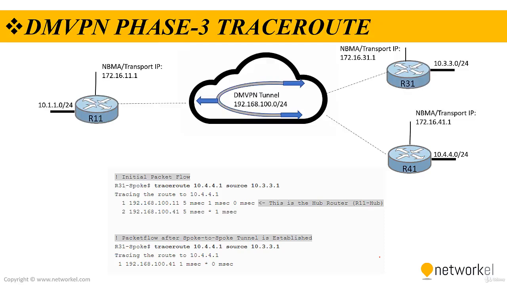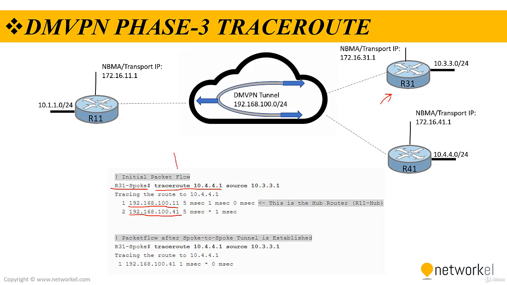So let's check what a traceroute looks like from router 31, which is the spoke's point of view. If we traceroute to 10.4.41 from router 31, we can see that firstly the packet is going through the hub and then reaching the spoke.